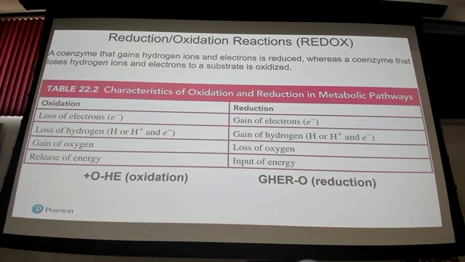And so at the bottom, here are some little mnemonics to help you know what's going on in each oxidation and reduction reaction. So for oxidation, you gain an oxygen and you lose hydrogen or electrons, OHE. For reduction, you gain hydrogens or electrons, and you lose oxygen. Any questions so far?